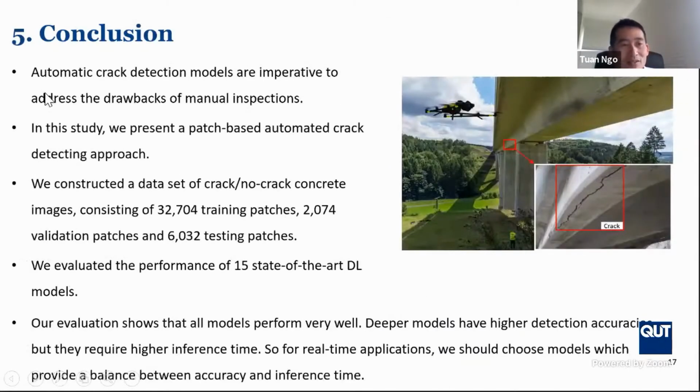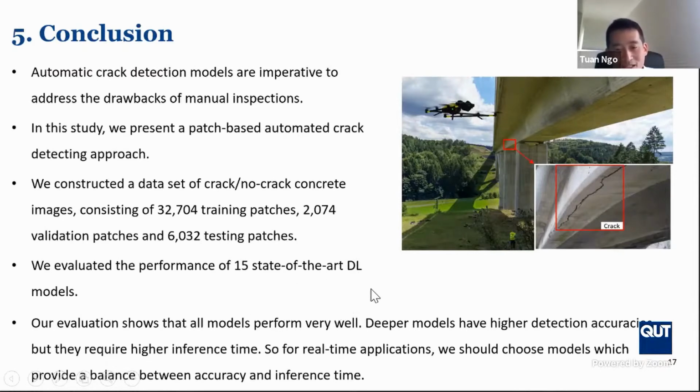So in conclusion, automated crack detection models are important to assess aging infrastructure. In this study, we use patch-based automated crack detection. We trained different models containing many different patches, and we achieved good results with the 15 deep learning models.